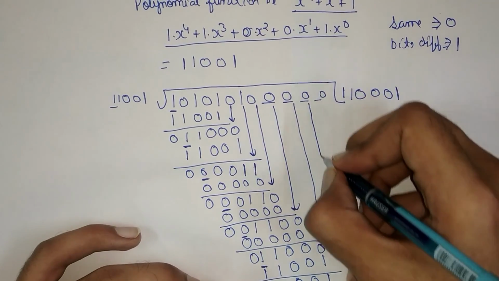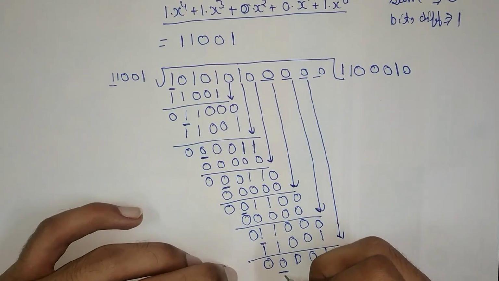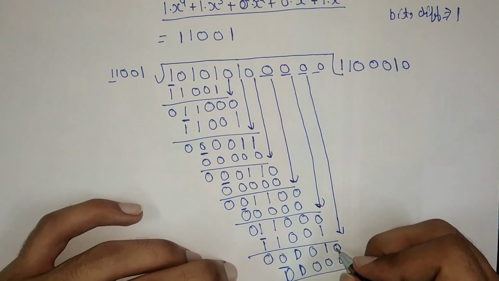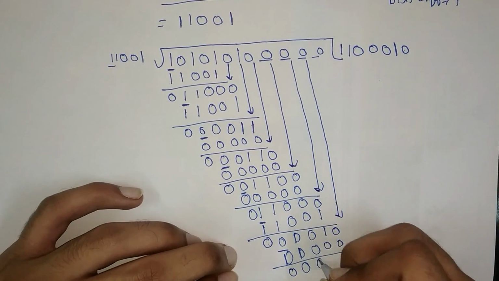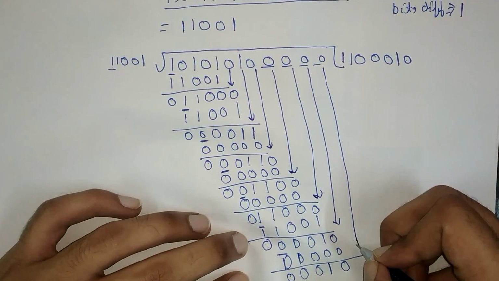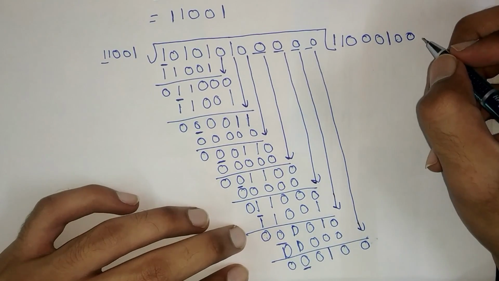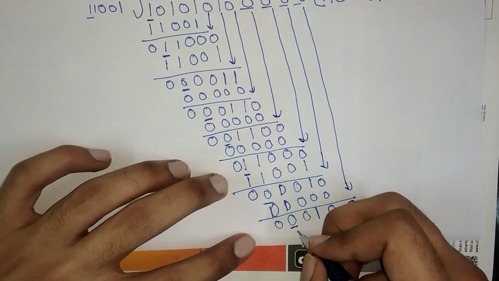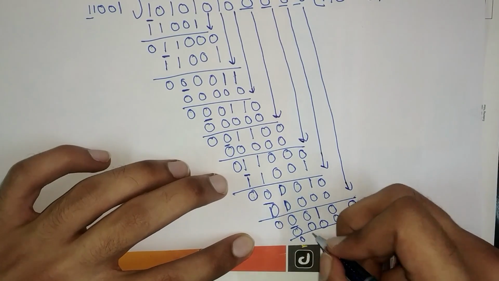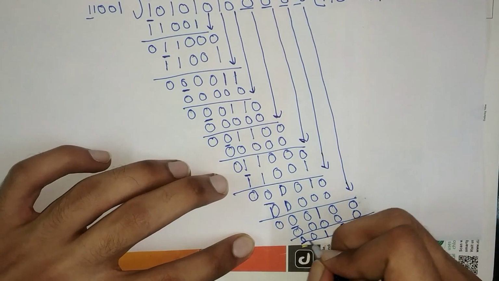Now taking one more bit from the upper side and multiplying it with 0, we get 0 0 0 0 0, and now we get 0 0 0 as they are the same, and here it is different, and 0. Now putting one more bit from the upper side, we get 0 over here, and multiplying again with 0, we get 0 0 0 0 0 and 0 0 1 0 0. So this is our remainder.